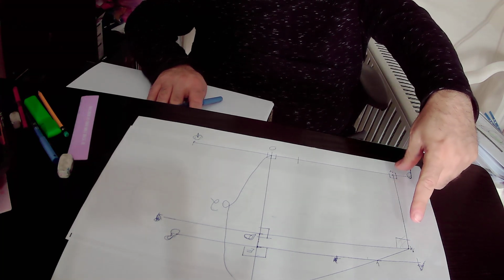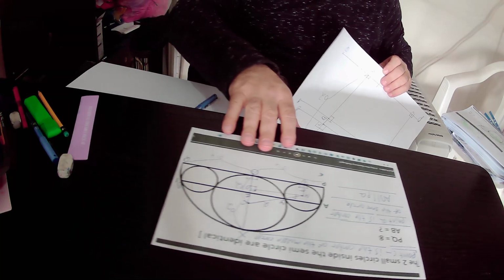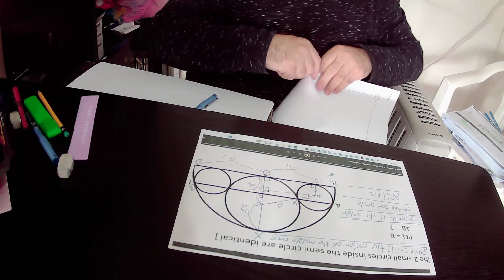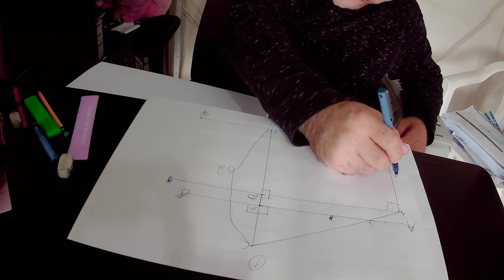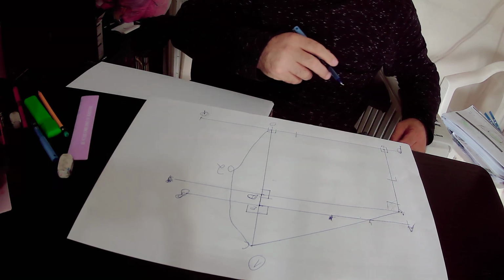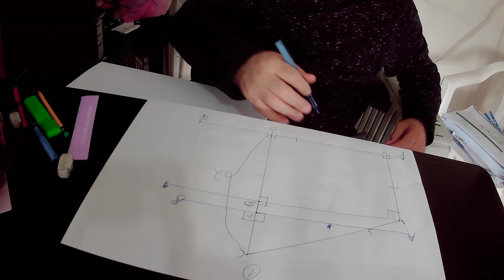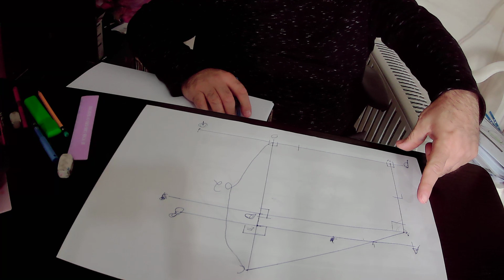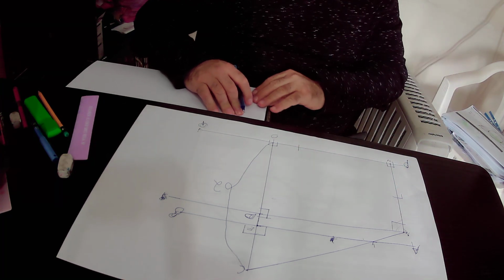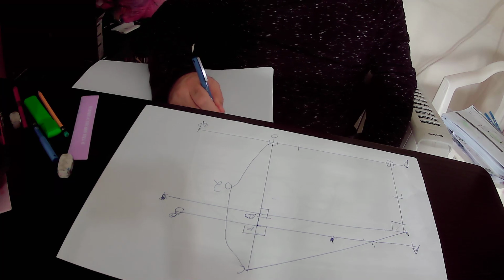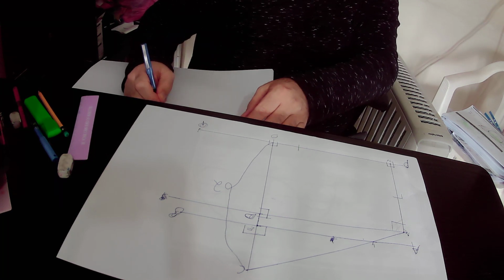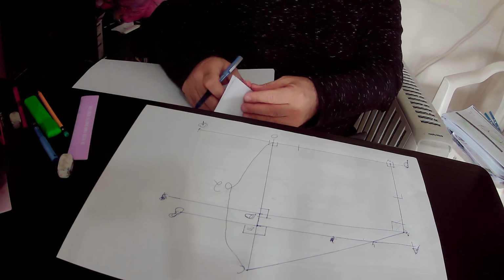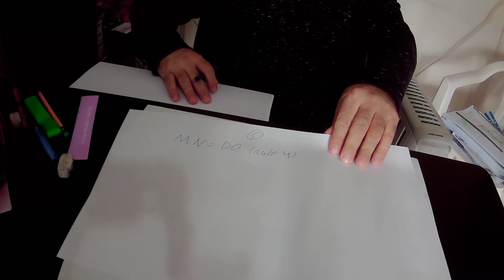But what is the value of MN? From the original drawing, you can see that MN is the radius of the small circle, that is to say MN equals R. But according to rule number 4, MN also equals DO.